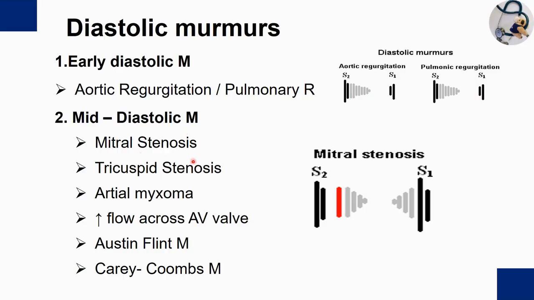Examples: mitral stenosis, tricuspid stenosis, atrial myxoma, increased flow across the AV valve, atrioventricular valve. So all flow murmurs across the AV valve are diastolic. All flow murmurs across the semilunar valve are systolic. Then Austin Flint murmur, Carey-Coombs murmur.